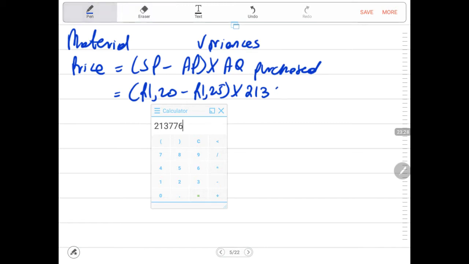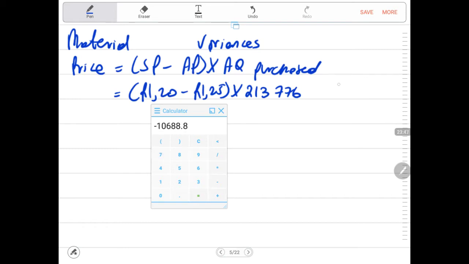213,776. I was very close, 776. Therefore now we'll say times this by 0.05. Let me verify if I'm right. 1.2 minus 1.25 times by 213,776.